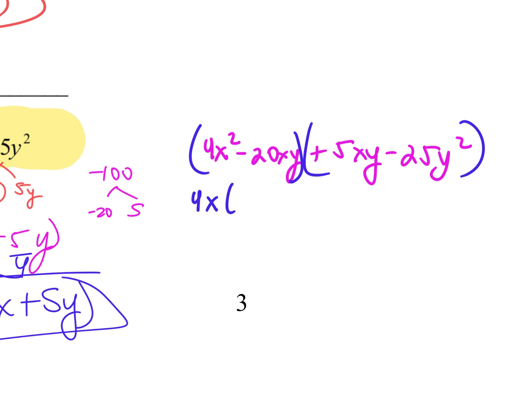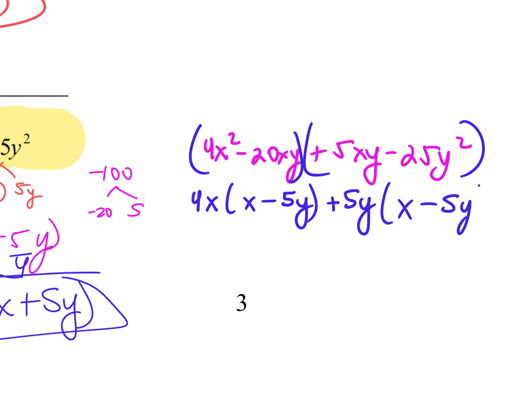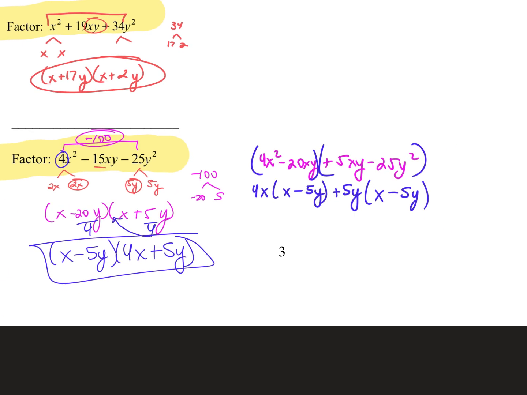Agreed? Okay, so I'm left with what? X minus 5y. Okay, what can I take out of the second one? Positive what? 5y, okay. And I'm left with x minus 5y. So what's your new GCF that presented itself right here? X minus 5y. You write that one time, and the leftovers get their own parentheses, which is 4x plus 5y.